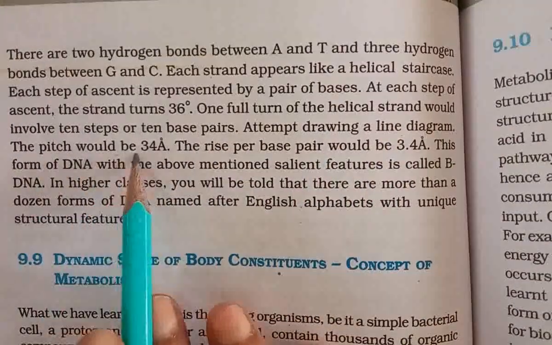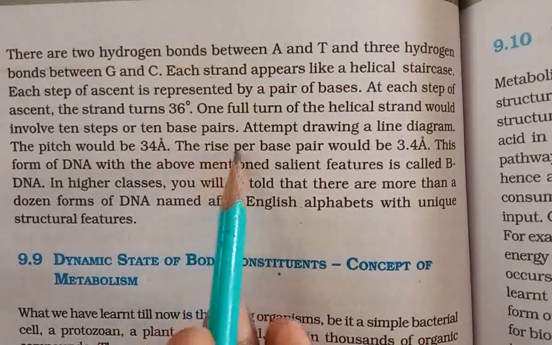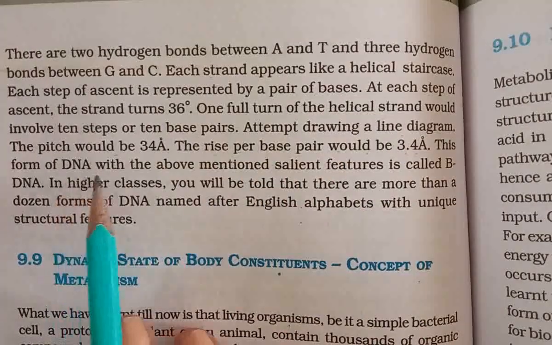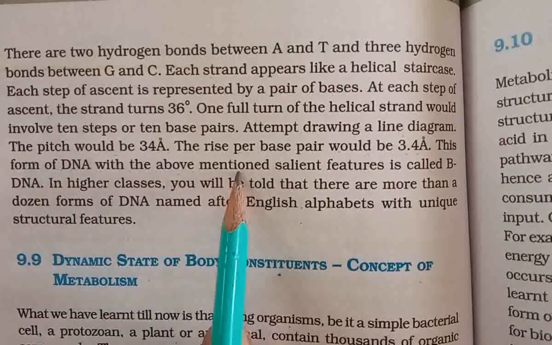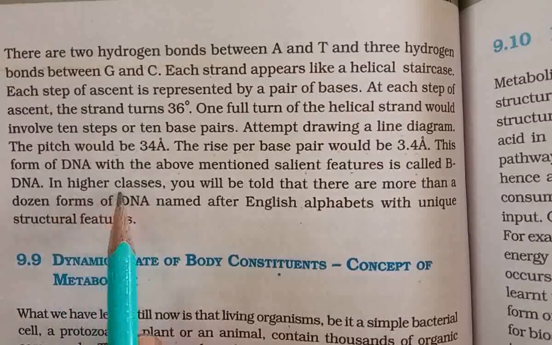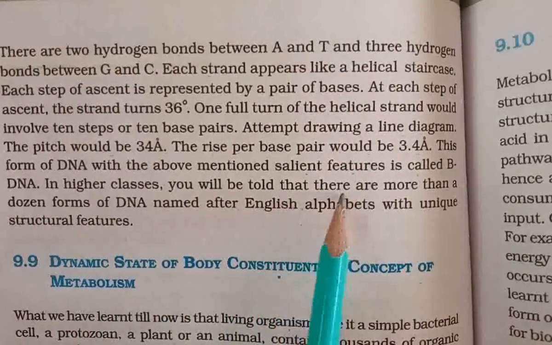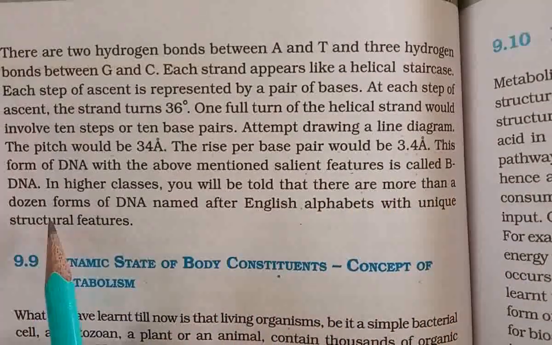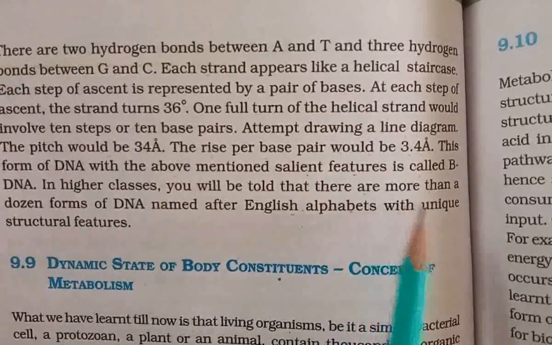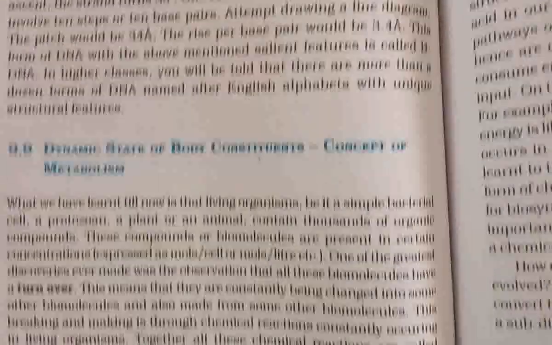The pitch would be 34 angstrom. The rise per base pair would be 3.4 angstrom. This form of DNA with the above-mentioned salient features is called B-DNA. In higher classes, you will be told that there are more than a dozen forms of DNA named after the English alphabets with unique structural features.